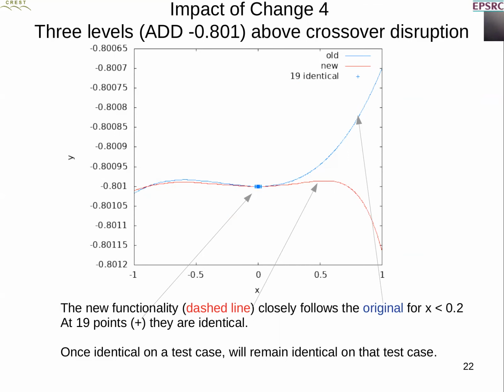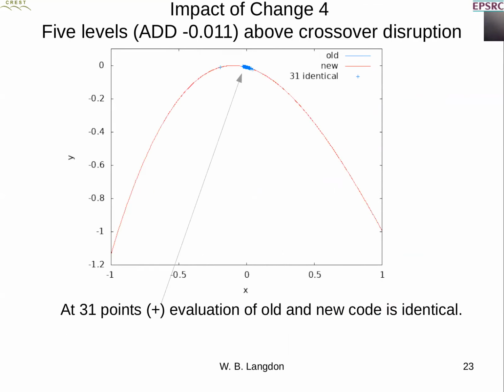If we move slightly further up the tree, then the parent and the child actually have very similar evaluations. So there's only one line plotted, but it actually is the two of them on top of each other. So the parent evaluation and the child evaluation are almost the same.